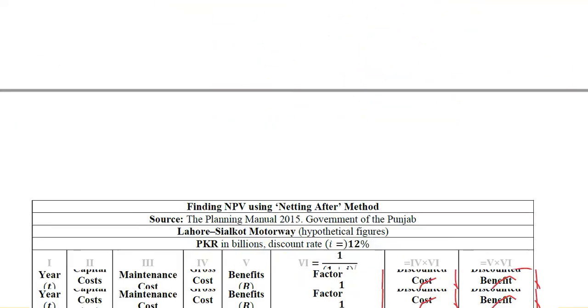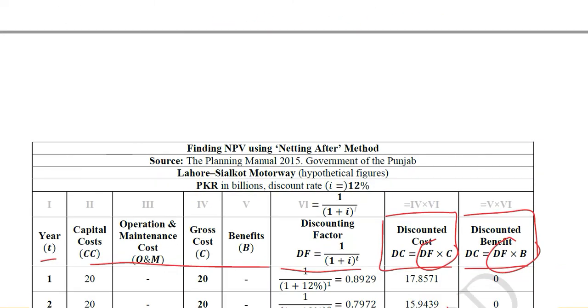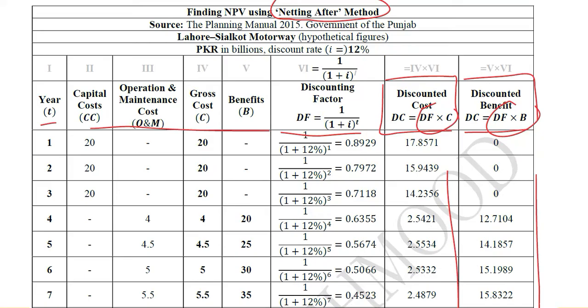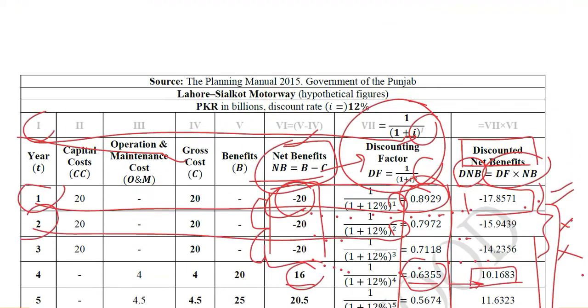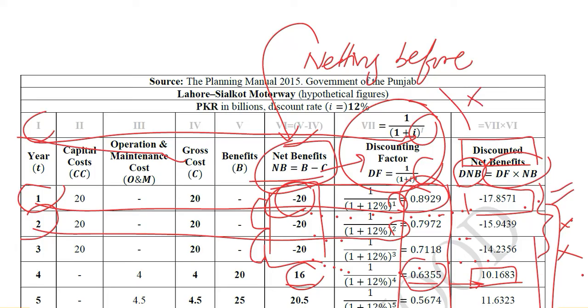In this case we did the netting after multiplying, so it is known as the netting after approach. The answer is the same. In the previous case we did netting before, because we found the net benefits primarily, and then we multiplied it with the discounting factor.